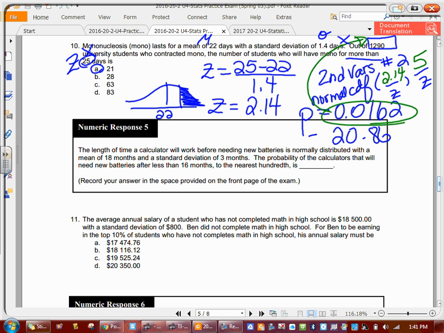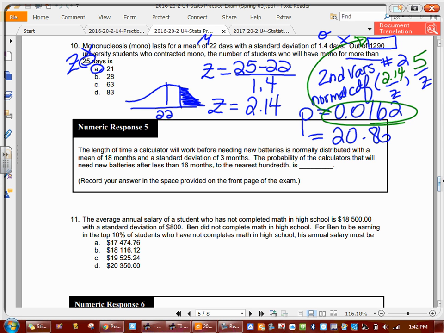We only have 3 questions left here, guys. Numeric 5. And again, what's my first thing? I'm going to go through the question when I read it, and I'm going to label. So, the length of the time a calculator will work between needing new batteries is a mean of 18 months. Standard deviation of 3 months.